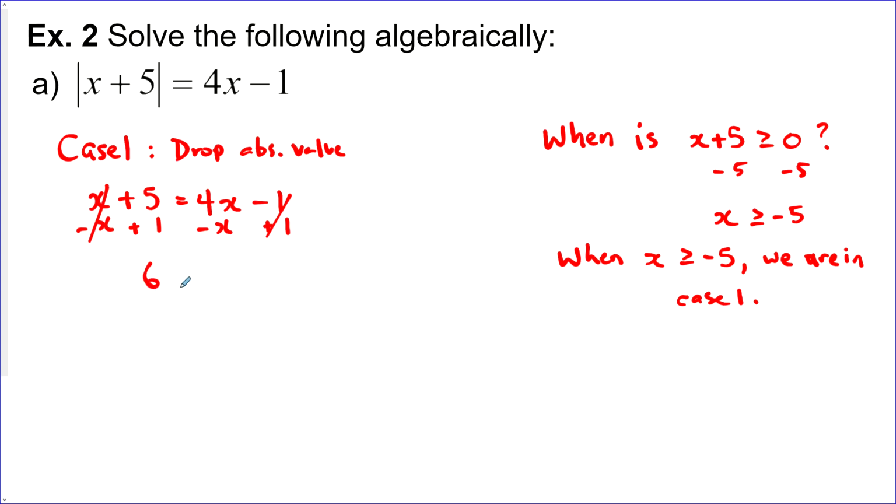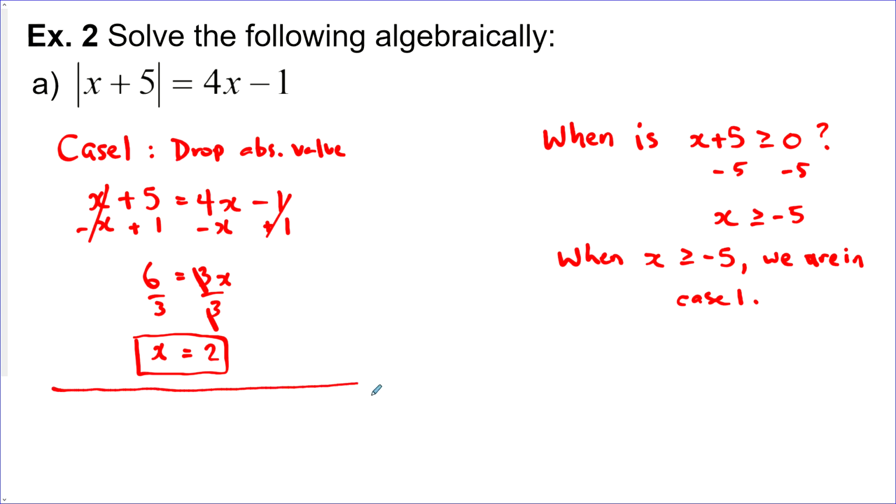That gives us 6 equals 3x. Divide by 3 on both sides, and we get x equals 2. Now when I check x equals 2, it's definitely in this case because 2 is greater than or equal to negative 5. Now I need to do case 2.